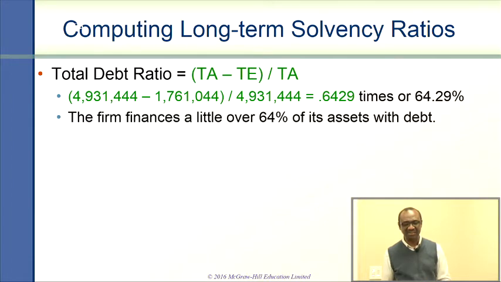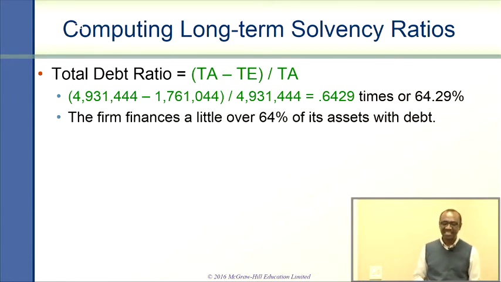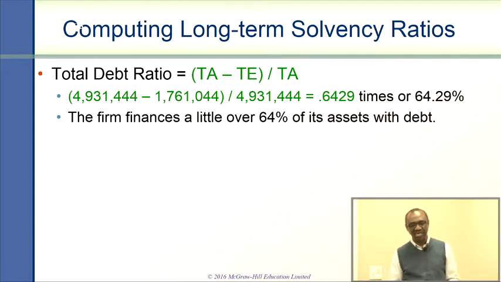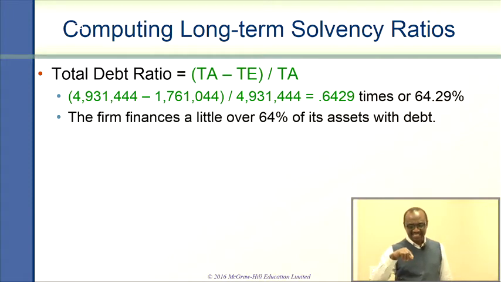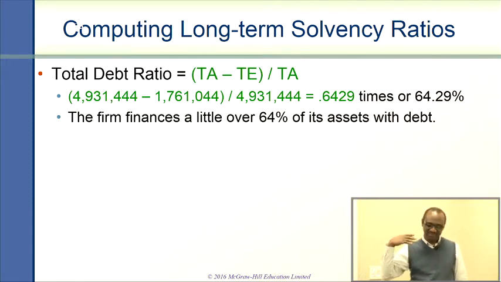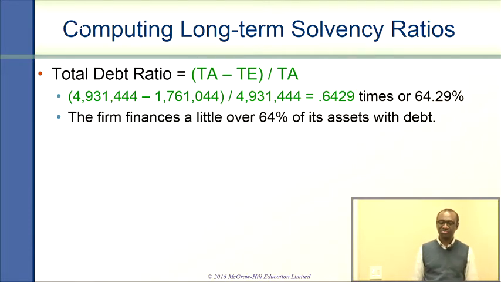We have 0.6429 times, which is 64.29%. That means the firm financed a little over 64% of its assets with debt, which means the company tends to be highly geared. Anything above 50% is high.